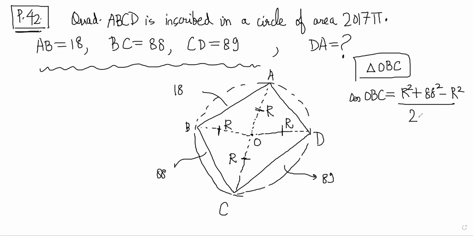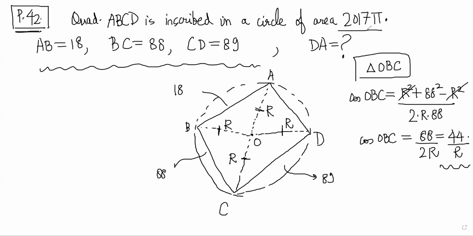Cosine rule, divided by 2 into R into 88, right? So clearly this is becoming cos of OBC is equal to 88 by 2R, basically 44 by R. And the radius of the circle is known because pi R squared is 2017 pi.